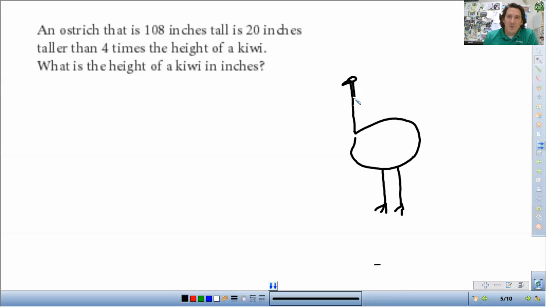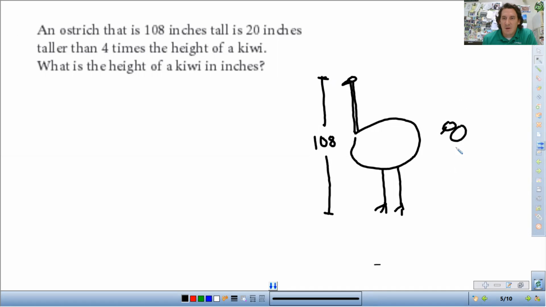A kiwi, if you don't know what that is, is also a type of bird. Before we get going, this ostrich is 108 inches tall. The kiwis are just these round sort of things with the long beak. So it says they're 4 times the height plus 20 inches.